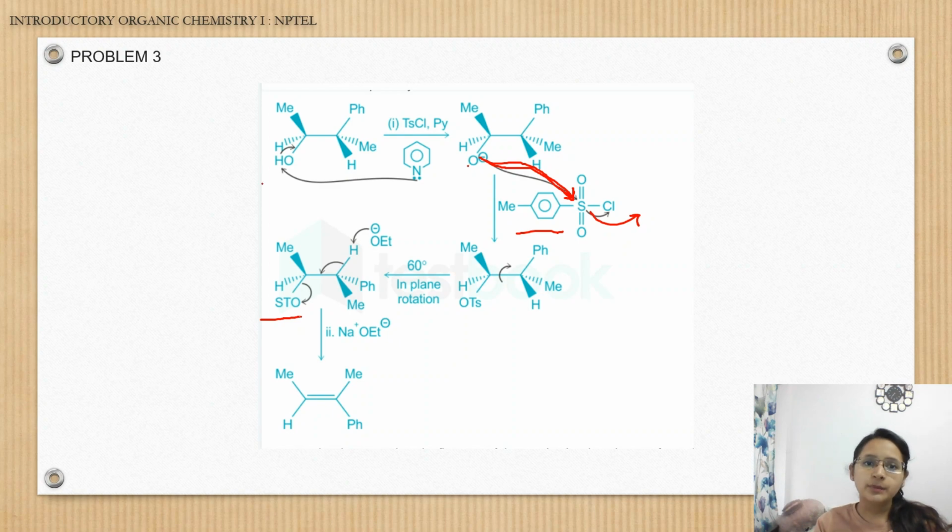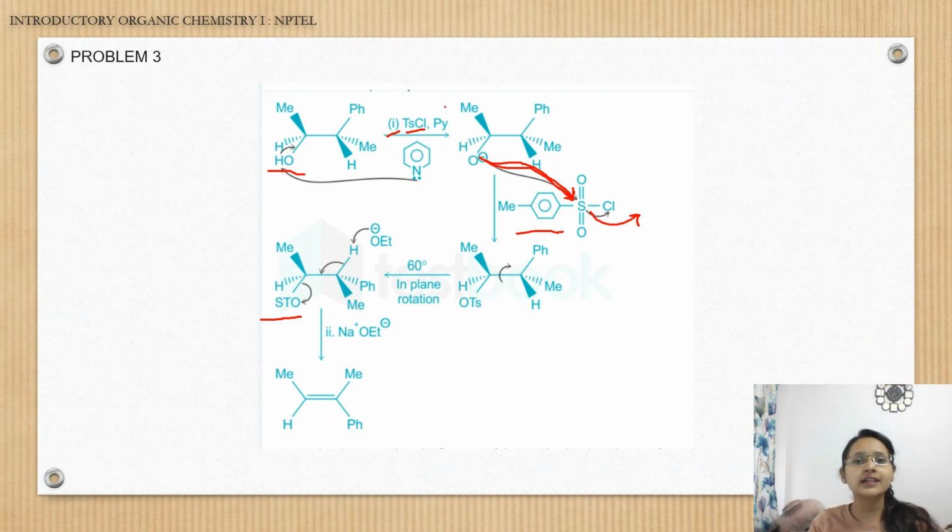Now, being OH, it is not much of a leaving group, because OH is not a good leaving group, right? But after protecting it with this tosyl chloride, this OTs becomes a very good leaving group. So OTs, OMs, nosyl, these kinds of protections are there to make the alcohol a good leaving group. In the first case, the reaction first treats with pyridine, and pyridine abstracts the acidic proton from the alcohol.